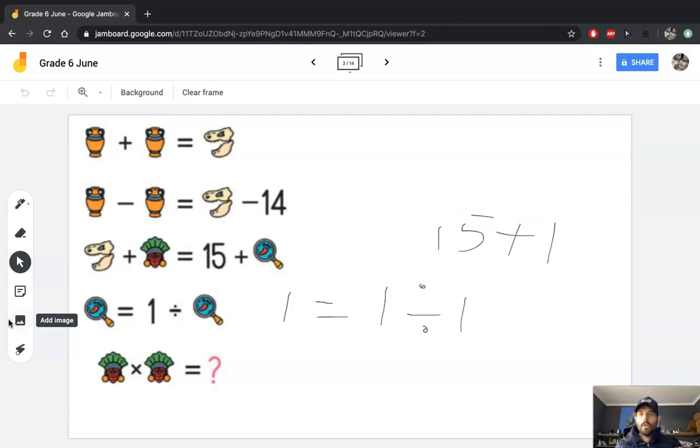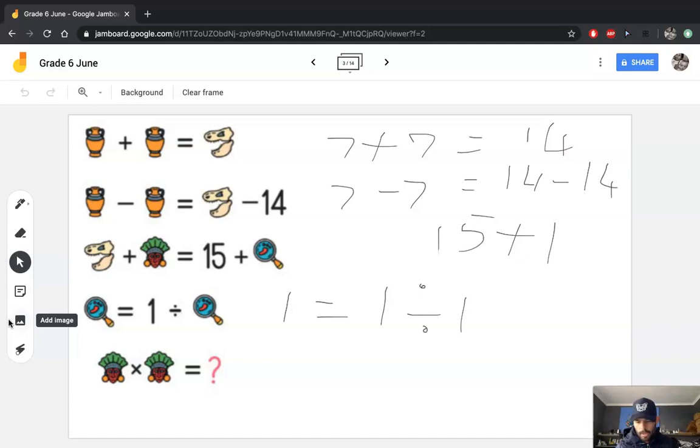I then tried out 7 plus 7 is equal to 14, because it's two equal and identical symbols. And then if I say 7 minus 7, that's obviously going to be 0. So that means the skull needs to be 14, because 14 minus 14 is also 0.